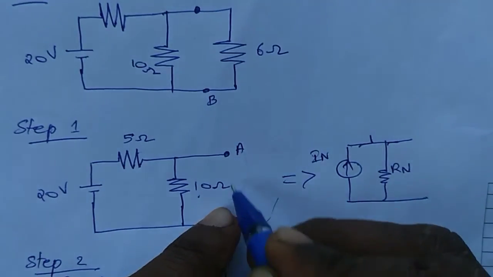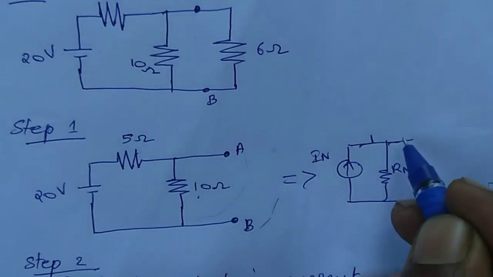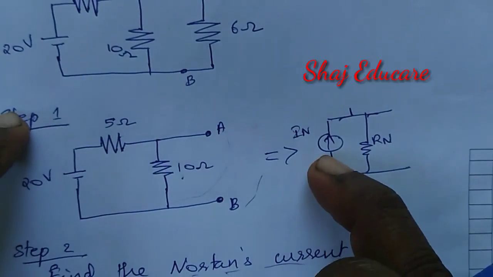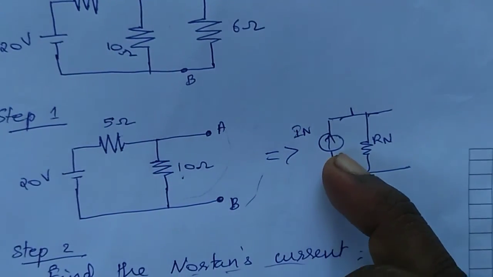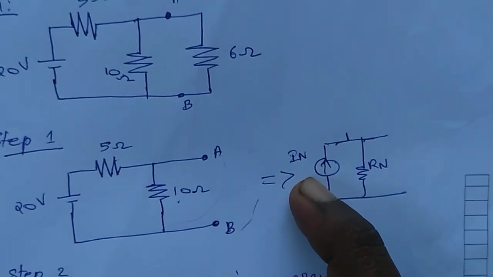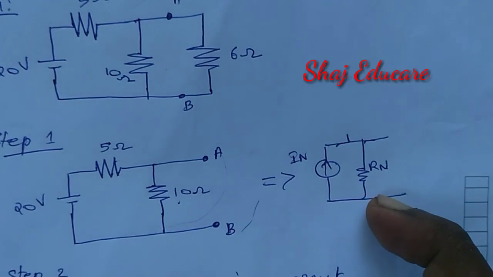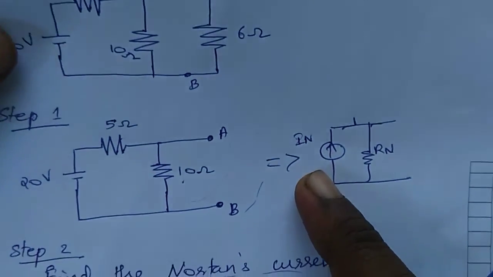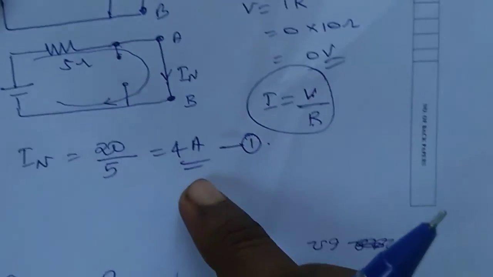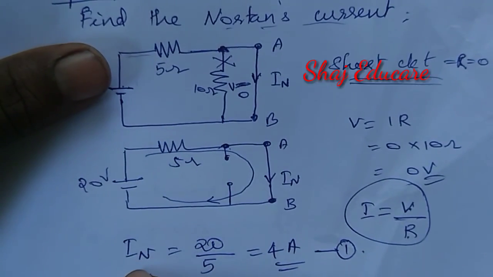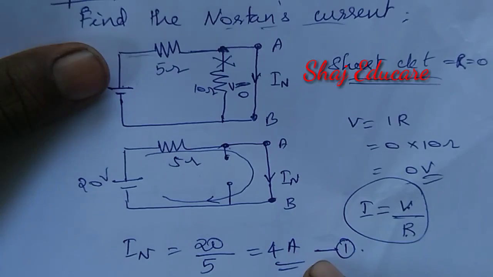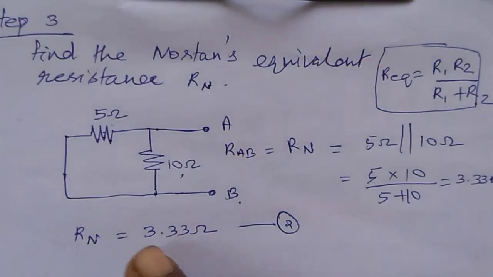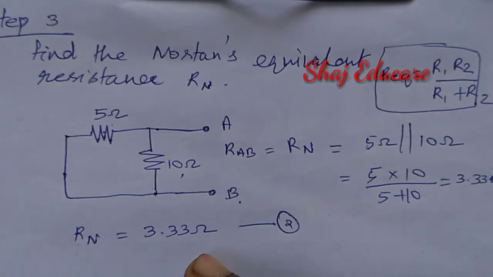Across A and B, we are going to replace this entire circuit using the Norton equivalent, which should consist of a single current source I Norton and a single resistance in parallel with the current source. Now we got the Norton's equivalent current IN is equal to 4 ampere, and just now we have obtained Rn.